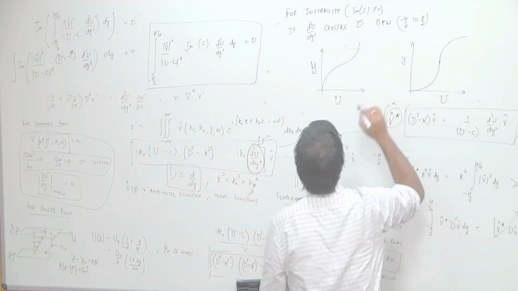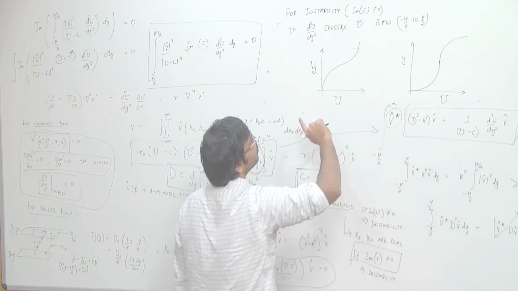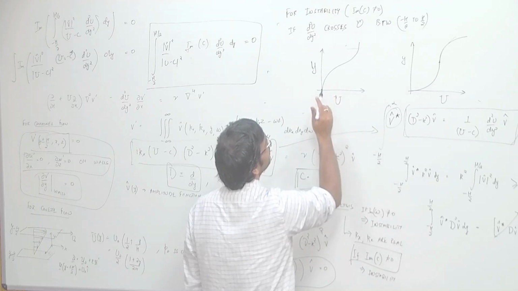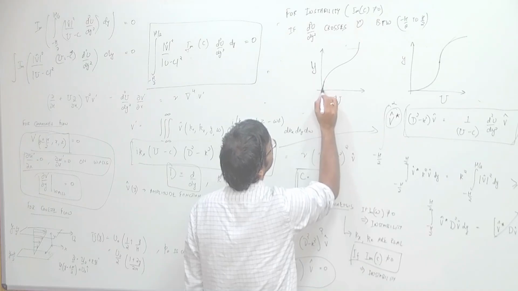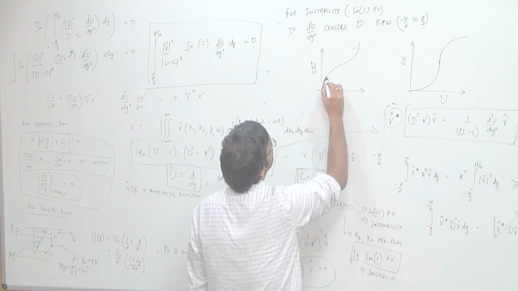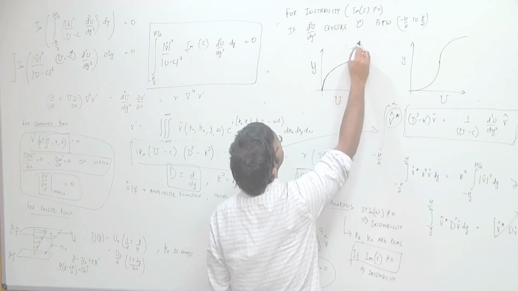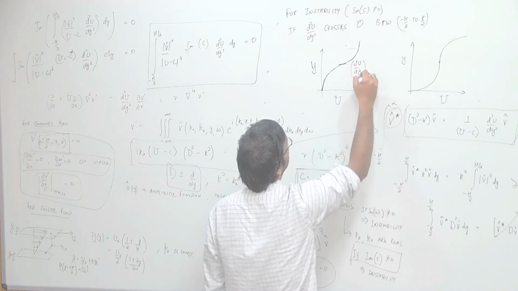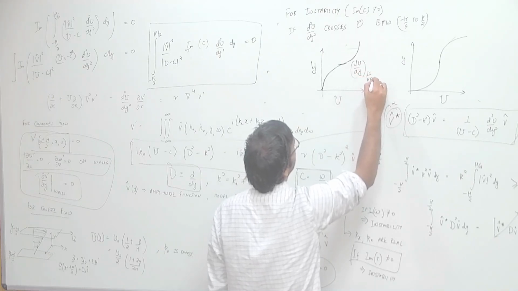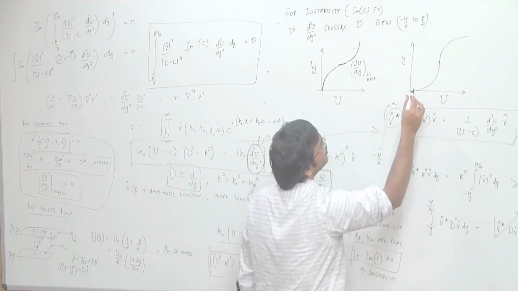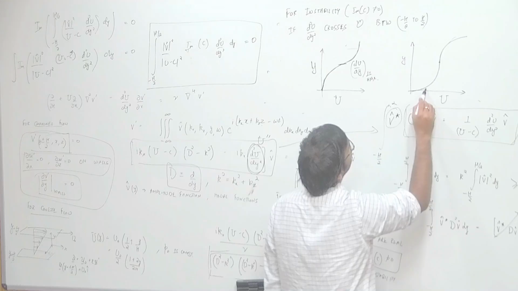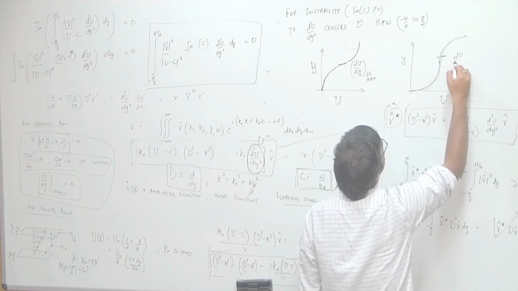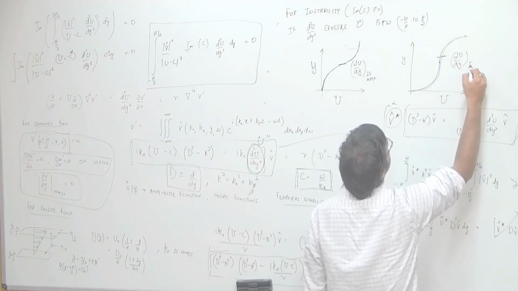If you had either of these two variations, then you will see what happens to du by dy. It starts with something positive, it is increasing and then it is decreasing. So somewhere here du by dy is maximum. Now here du by dy starts with something very positive, it is decreasing and then it is increasing. So somewhere here du by dy is minimum.